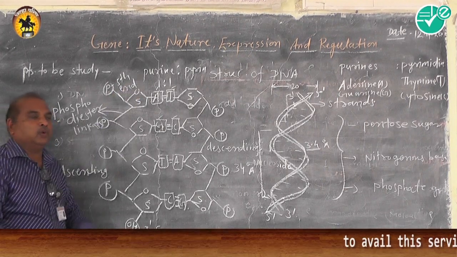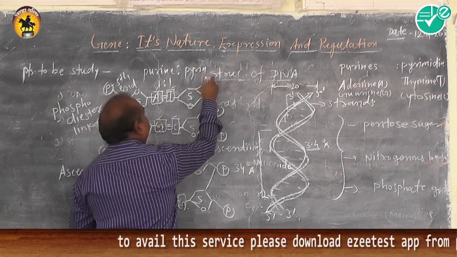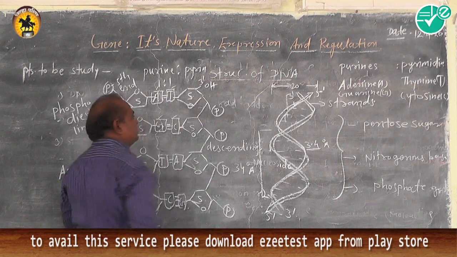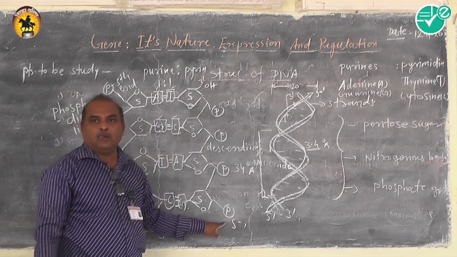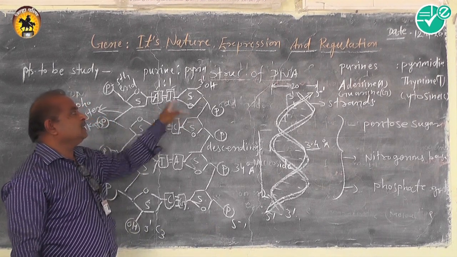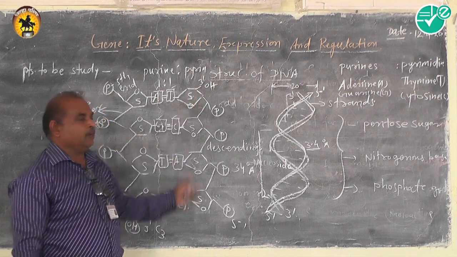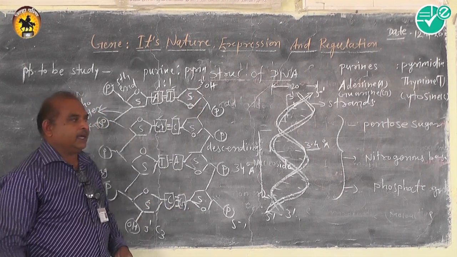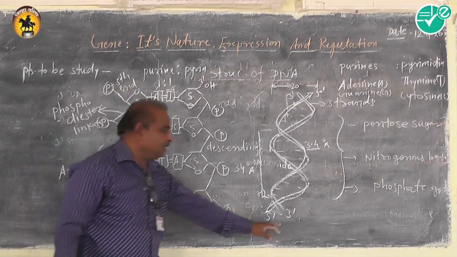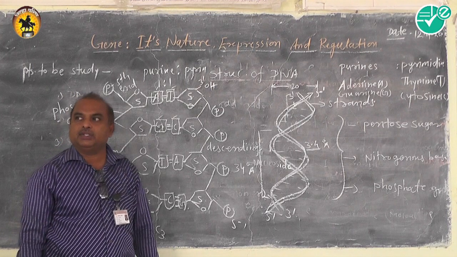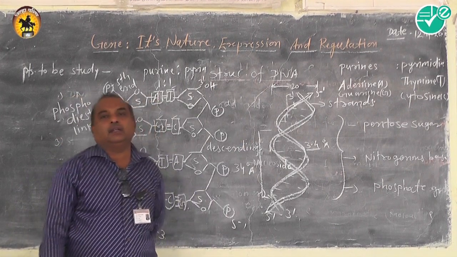This is the polarity of one strand. The opposite strand also has a 3' end because the OH group is free at this end, and a 5' end because the phosphate group is free at the 5th carbon. So both strands have 5' and 3' ends, but they are opposite in direction. On a DNA molecule we see the 5' and 3' ends on either side. This is the polarity of the DNA strand.